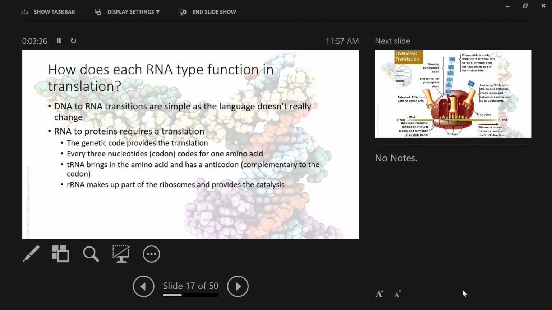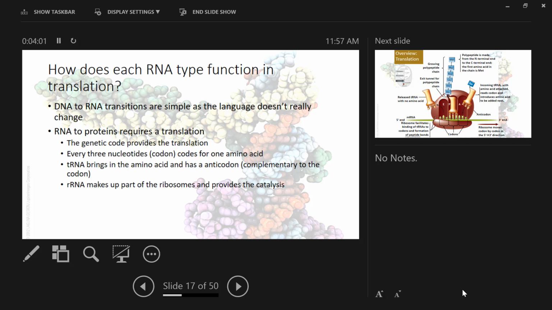And this is neat because now RNA can store information and it can actually catalyze reactions, lowering activation energy. So RNA can do the function of both DNA and of proteins in a single molecule. It's exciting stuff.